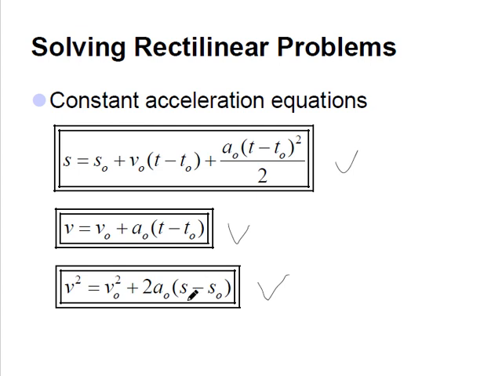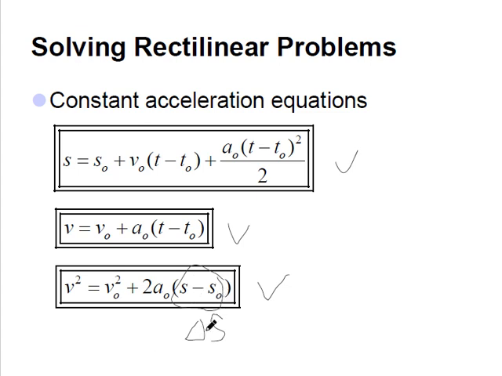So when time is not given, it's very easy to calculate, because it directly relates the velocity to the displacement. This is displacement, don't forget it. So that's your delta S. Delta S is final position minus initial position.